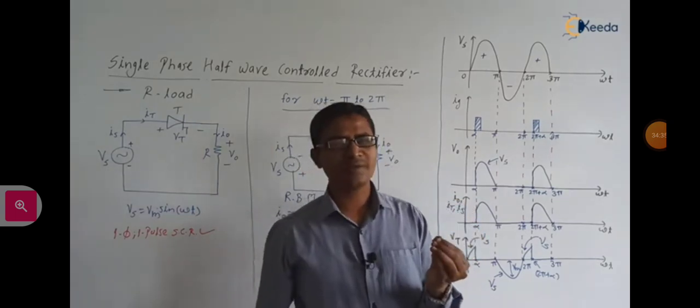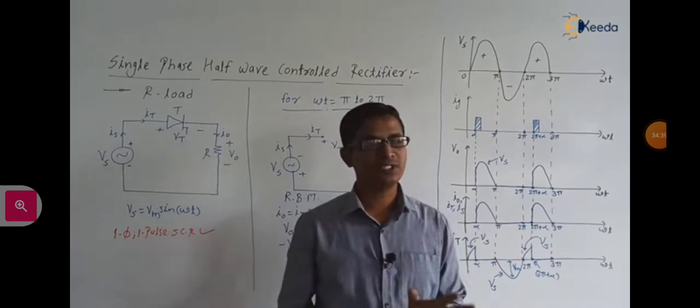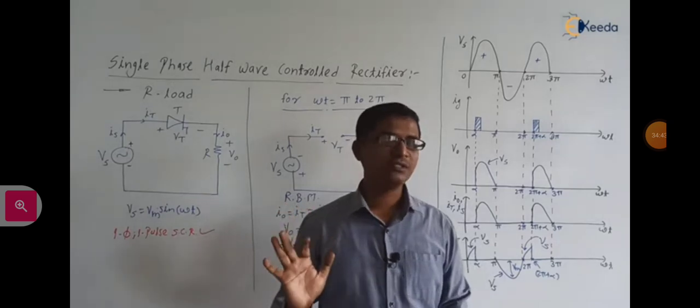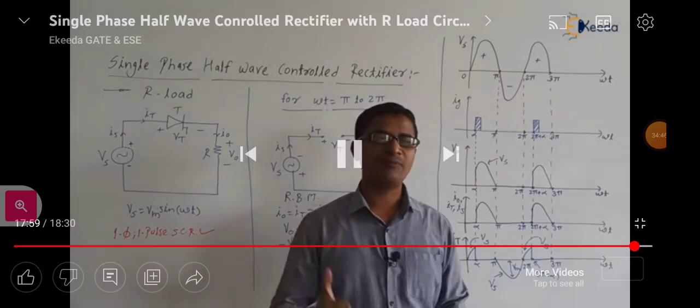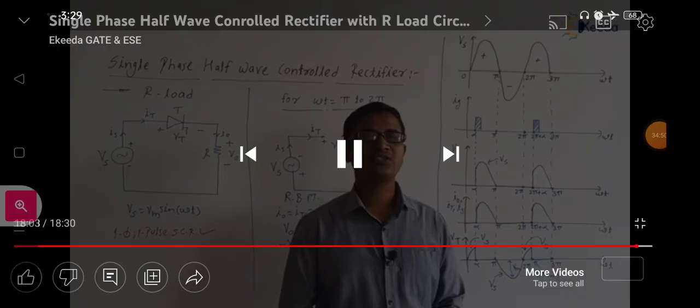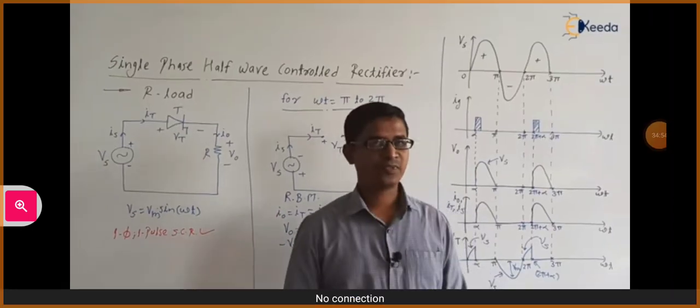Please try to understand, the output pulse frequency is equal to the supply frequency in the case of the single phase half wave rectifier. So this is about the single phase half wave controlled rectifier with purely resistive load circuit operation. In the next video, we are going to derive the expressions related to this circuit. Thank you.